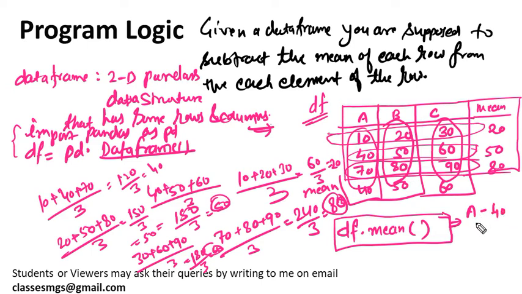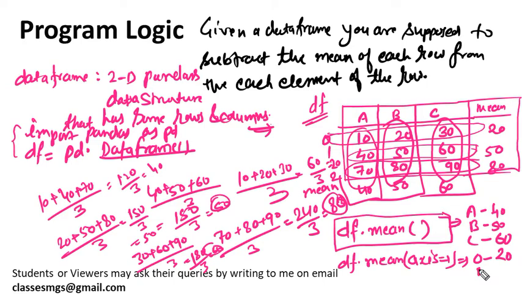A column mean is 40, B column mean is 50, and C column mean is 60. And if you call the df.mean() function with axis equals 1, then it will give you the mean row wise. So the row index will by default be 0, 1, 2. So row 0 mean is 20, row 1 mean is 50, and row 2 mean is 80.